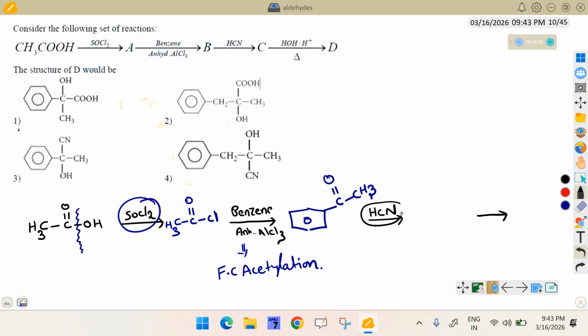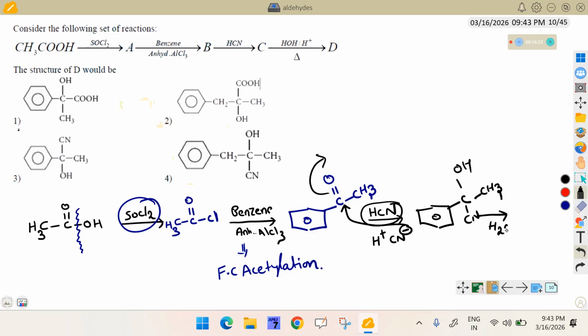Carbonyl compounds react with HCN. A nucleophilic addition reaction takes place. Add the nucleophile, the pi bond is delocalized, then it gives C, OH, CN, CH3. Now, which undergoes further hydrolysis?